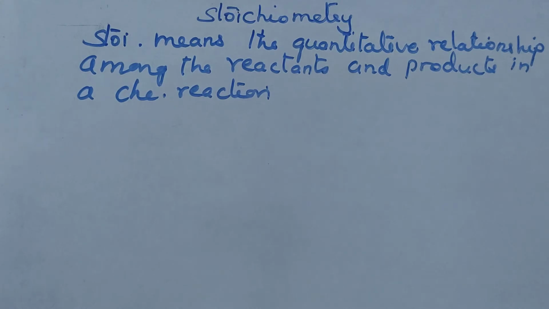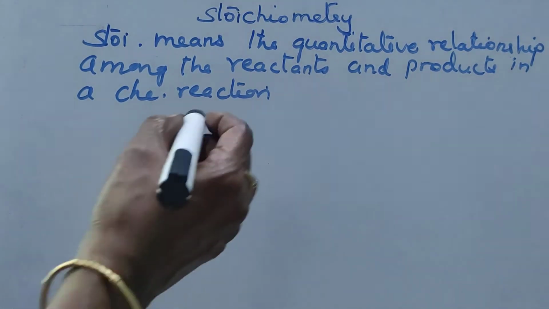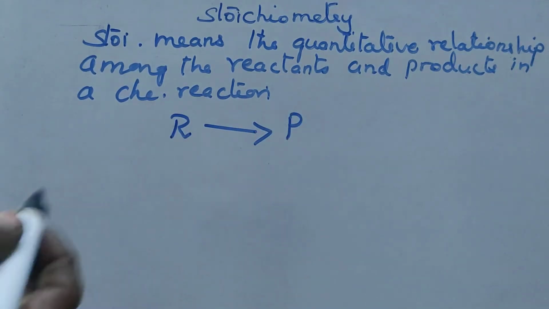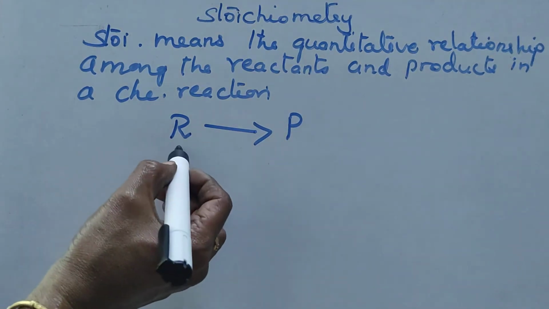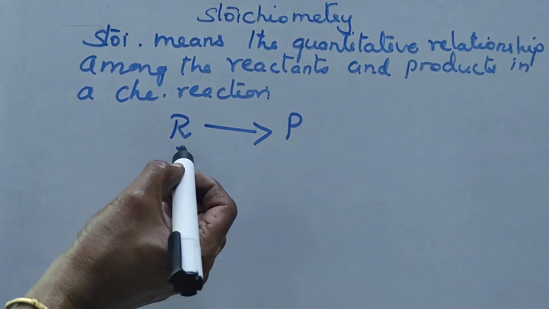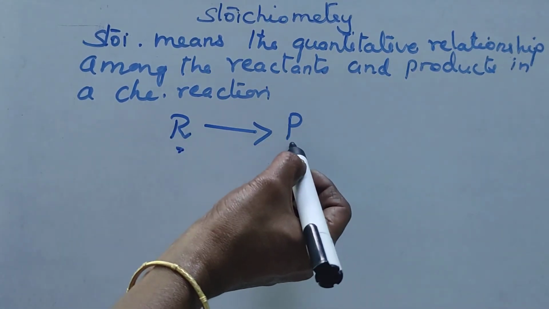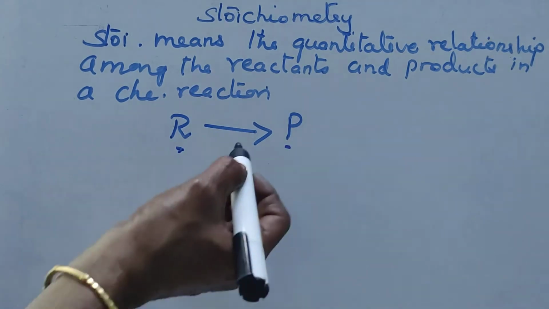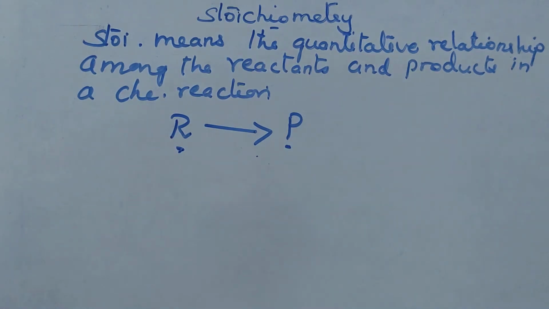Chemical reaction means definitely reactant will be there. That reactant will be converted into product. This is nothing but chemical reaction. In this chemical reaction, how much quantity of reactant undergone a change and it produces how much quantity of product, if it is explained, that is nothing but stoichiometry.